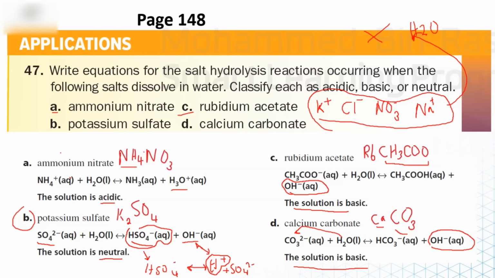Now, I don't know why they said neutral here, probably because of this, but it should be basic, but maybe it has to do with HSO4 minus. But remember this example of SO4 minus 2 giving you a neutral solution. We can discuss this further in the class, inshallah.